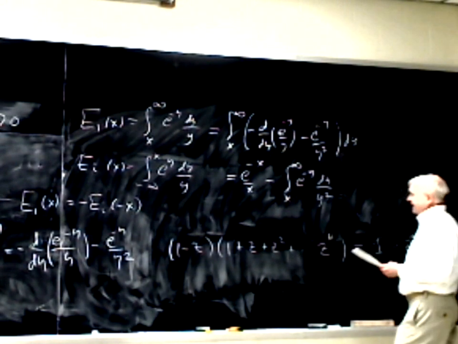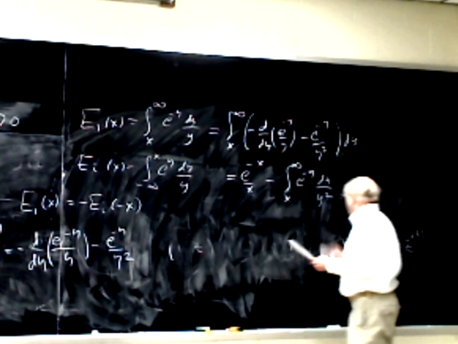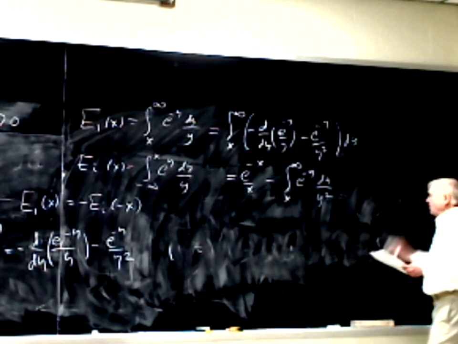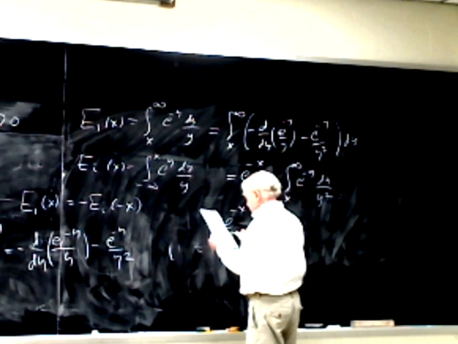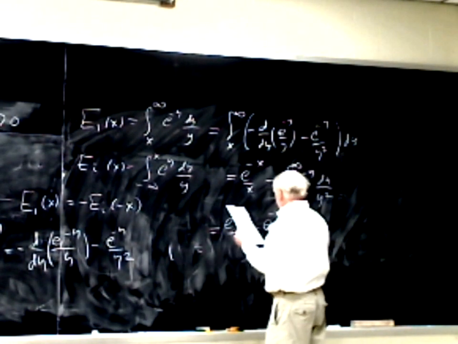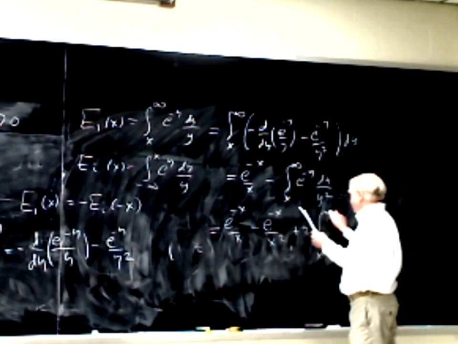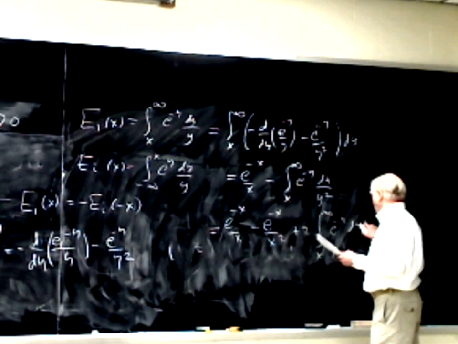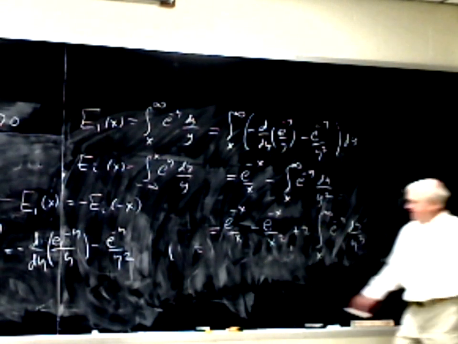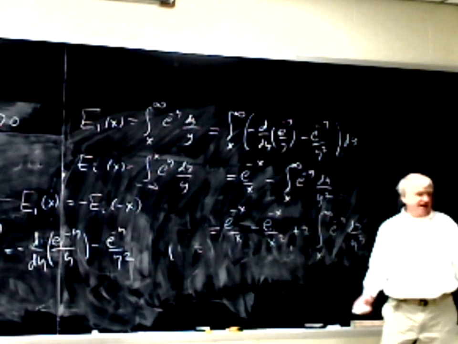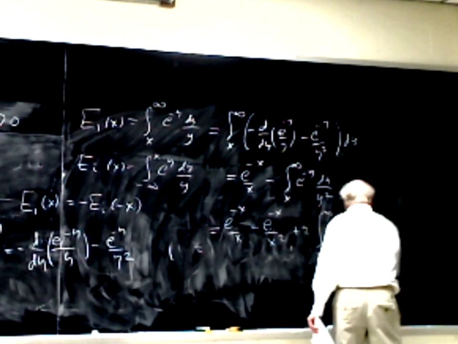And if you integrate by parts again, what you get is e to the minus x over x minus e to the minus x over x squared plus 2 times the integral from x to infinity of e to the minus y dy over y cubed. And eventually you see you're getting what looks like an asymptotic series here, or at least has the right form.